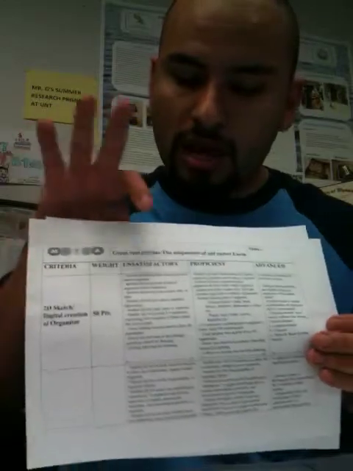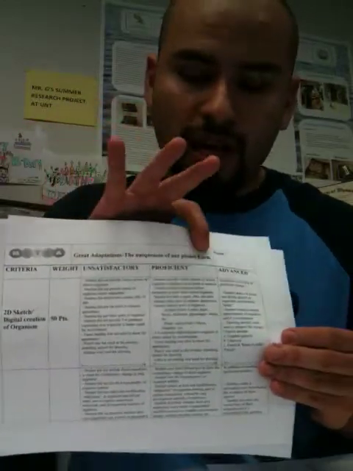They could do Prezi, they could do PowerPoint, they could do a video upload. And by the way, the rubric is divided into 3 categories: unsatisfactory, proficient, and advanced. And then the last thing that the students have to produce is a physical model of their adapted or changed organism in an ever-changing world.